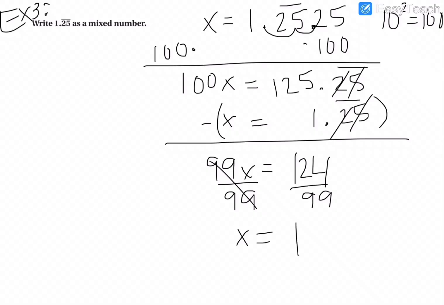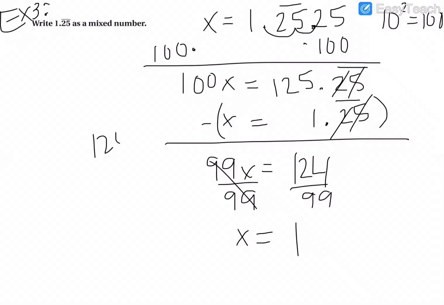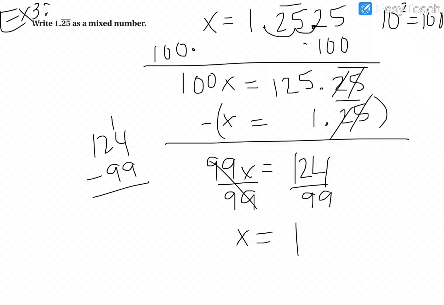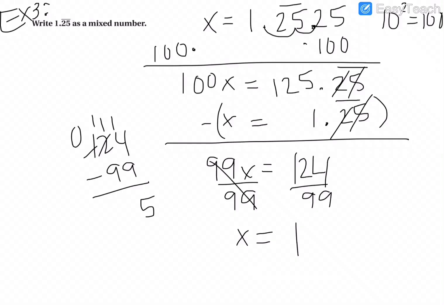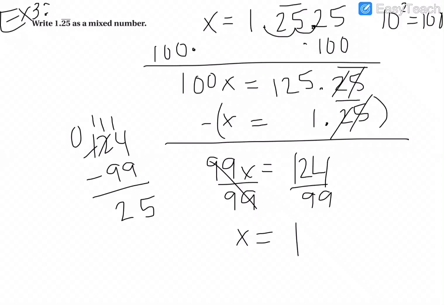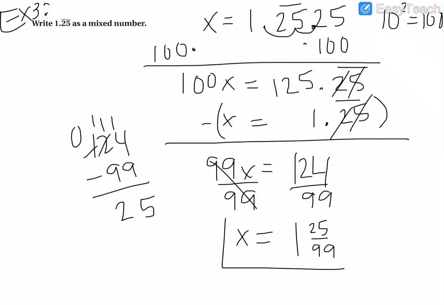I just need to see what the remainder is. 124 minus 99. Okay, I don't know why that just took me so long to subtract, but anyways. 1 and 25 99ths. And we are good. That would be our final answer.